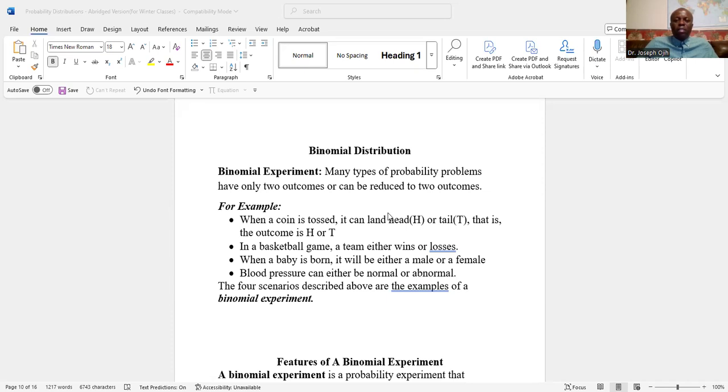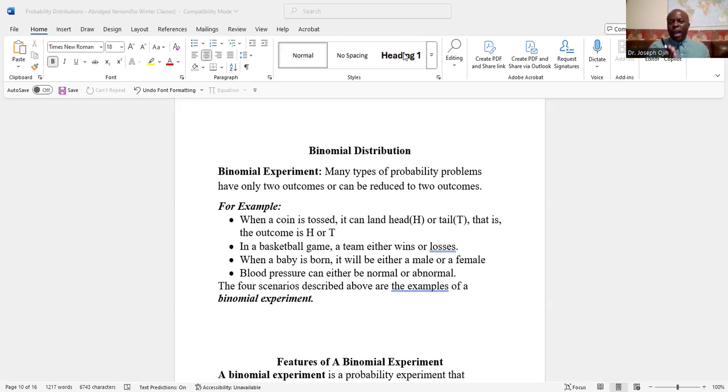Many probability problems have two outcomes, or outcomes that can be reduced to two.